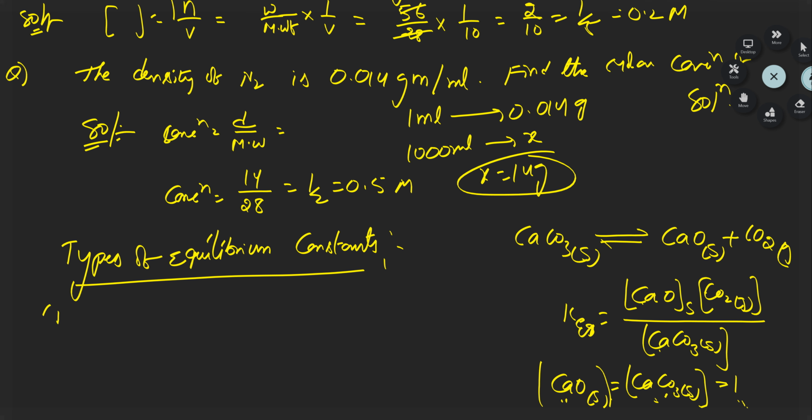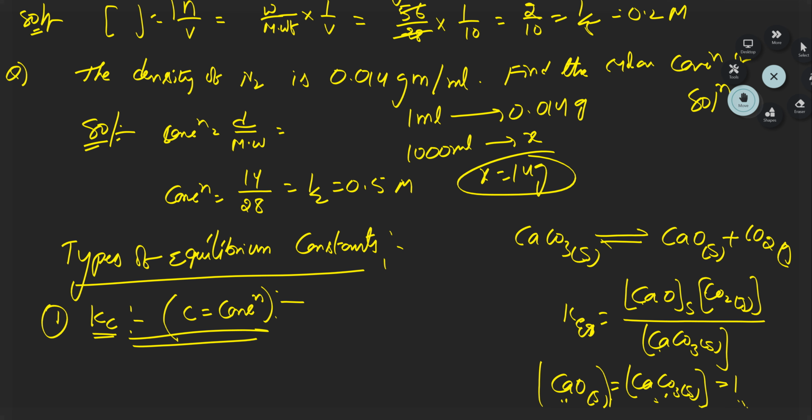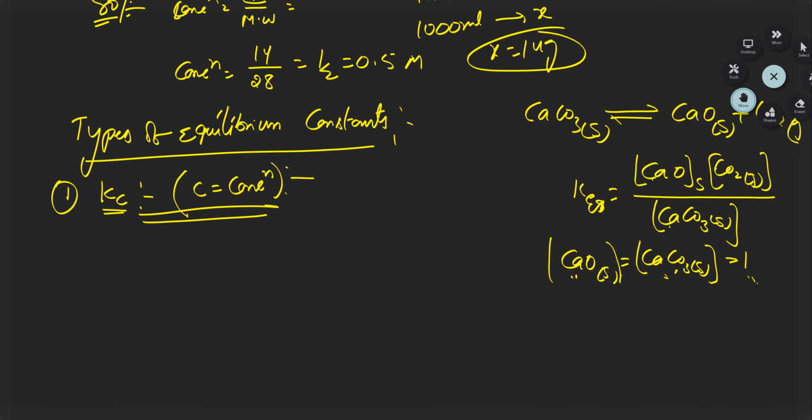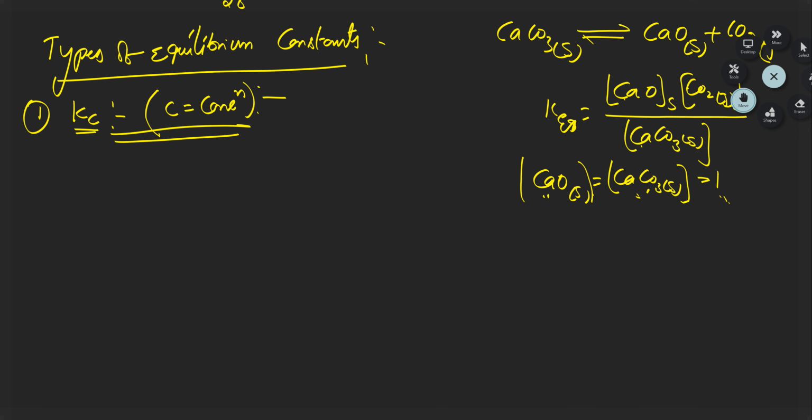Types of equilibrium. First one is Kc. K is nothing but equilibrium constant. C is nothing but concentration. Kc, first type of equilibrium constant, the concentration equilibrium constant.